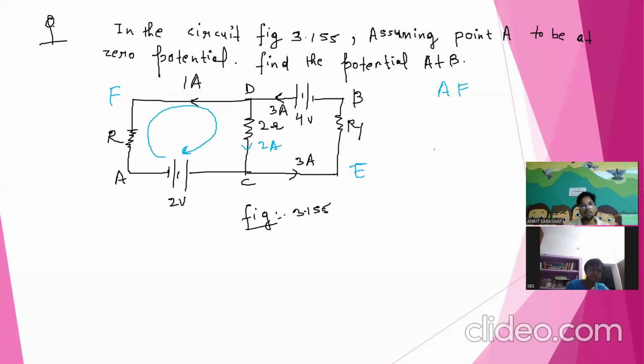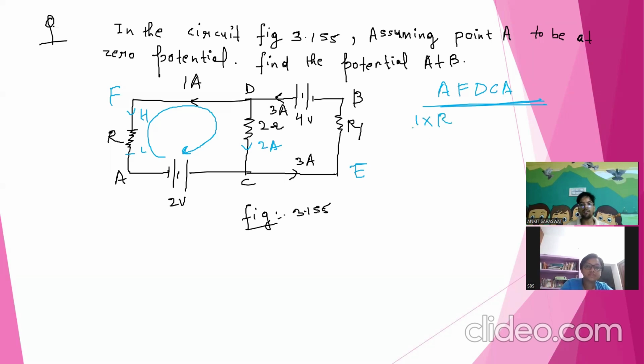This side loop: A to F, F to D, D to C, and C to A. This is our closed loop. Now A to F, current is coming in what way? And you are going in what way? This is your direction of path, AF. Current is coming from high to low, and you are moving from low to high. How much voltage drop? Plus IR.